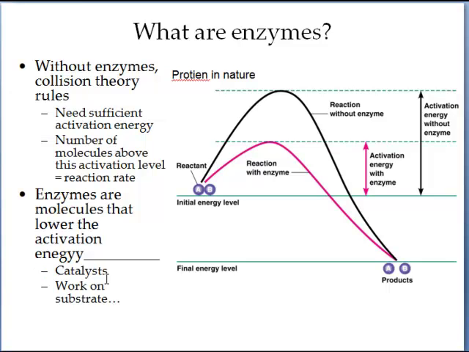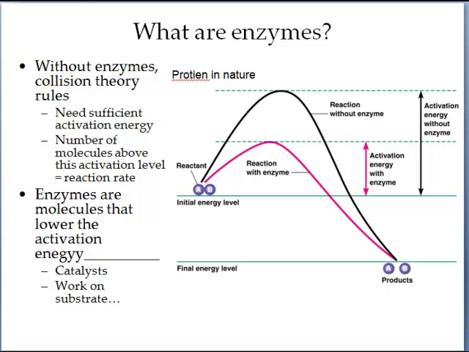They're catalysts. They do not get used up in a reaction. They only speed up chemical reactions, and biological catalysts are called enzymes. Each enzyme also needs a specific substance to work on, and that is called the substrate. So for example, an enzyme which would only work on lipids would be lipase.